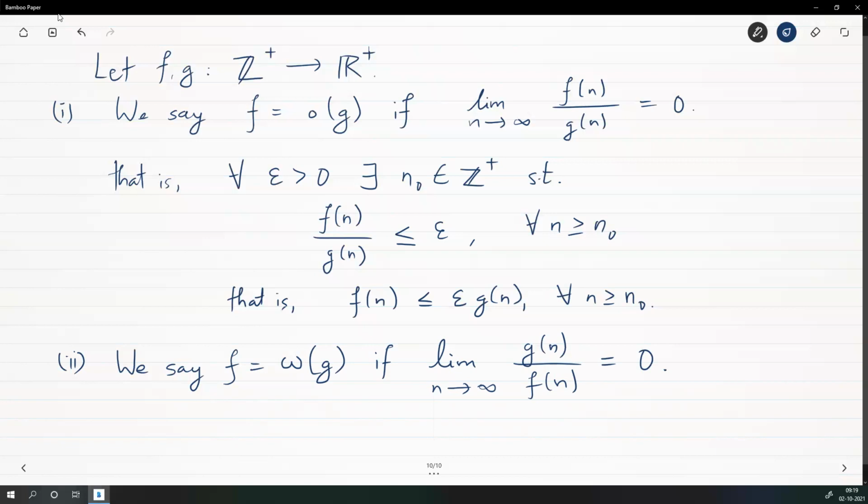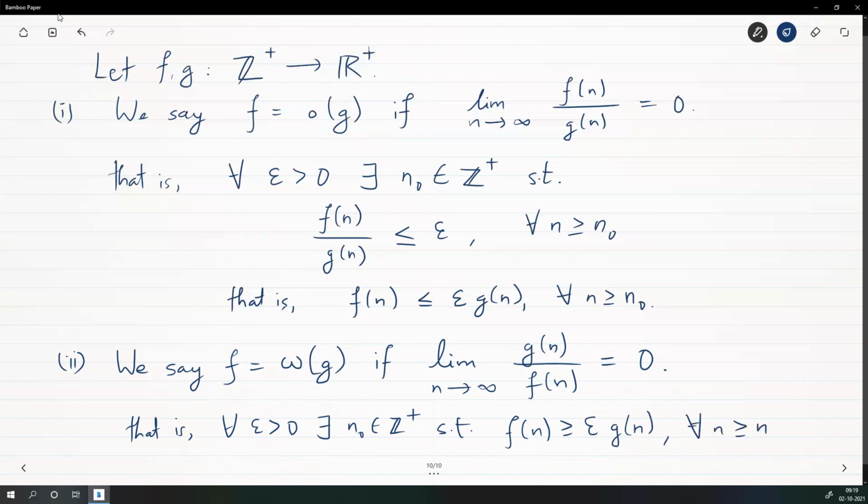So I'll write the final thing. For every epsilon greater than 0, there exists n naught, a positive integer, such that, what will this turn out to be? This will turn out to be f of n is greater than or equal to epsilon times g of n for all n greater than or equal to n naught.